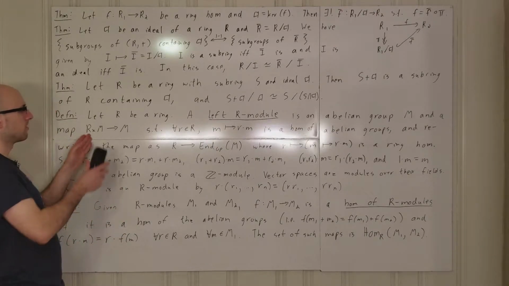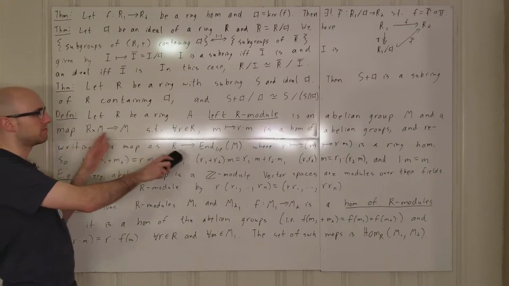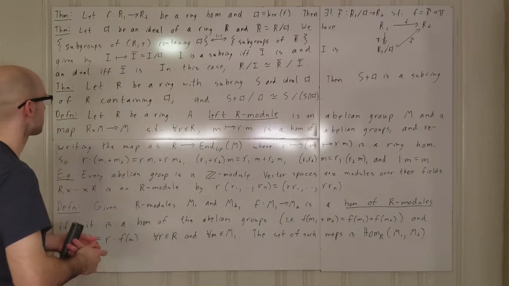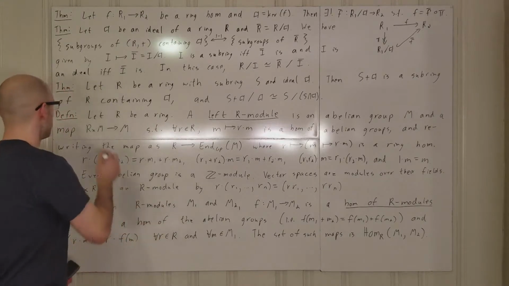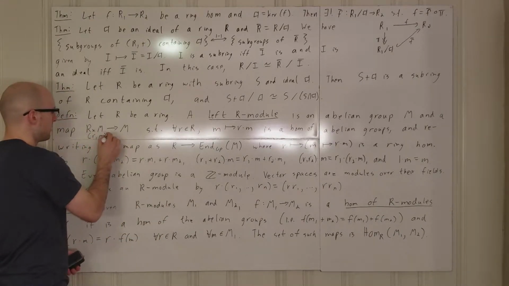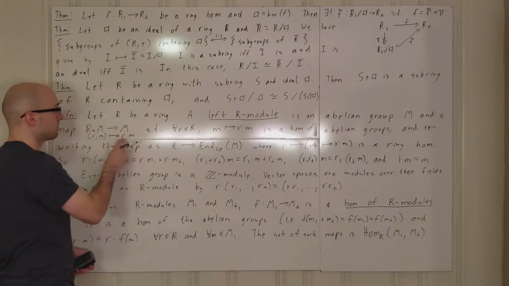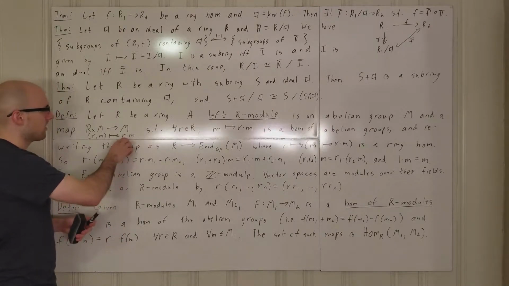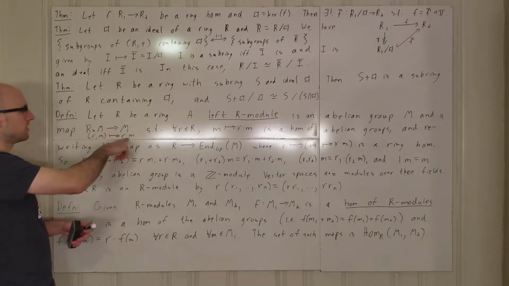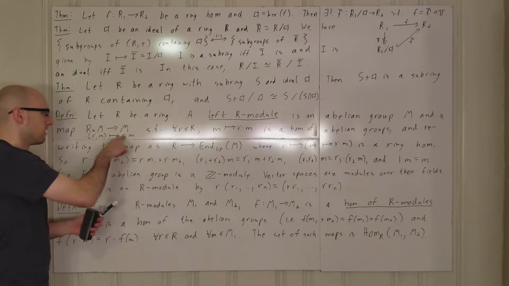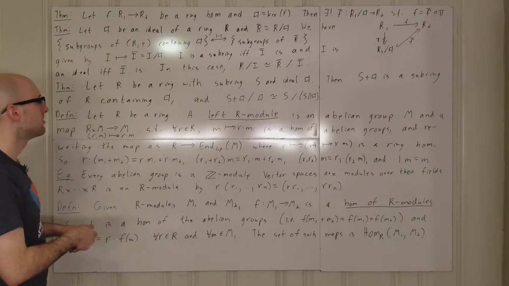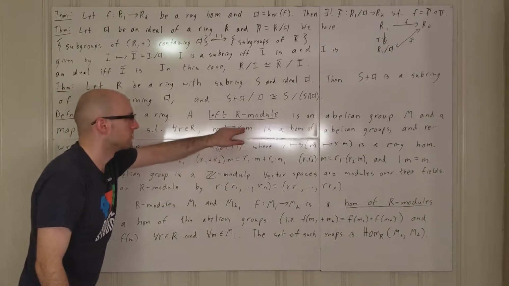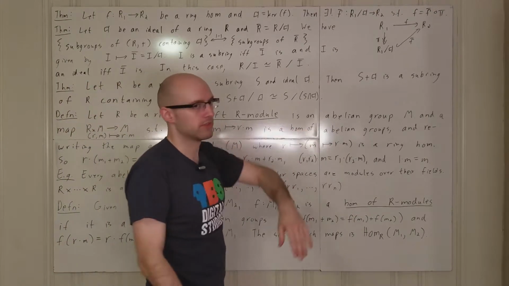So if you fix R, and then think of this as a map from M to M given by sending M to R times M, where if we take R comma M, this will get sent to R dot M. The dot means that R is acting on M. It refers to this map here. So if you fix an R and consider the map that sends M to R acting on M, then this is a homomorphism of abelian groups.